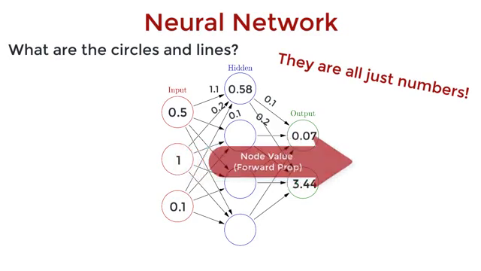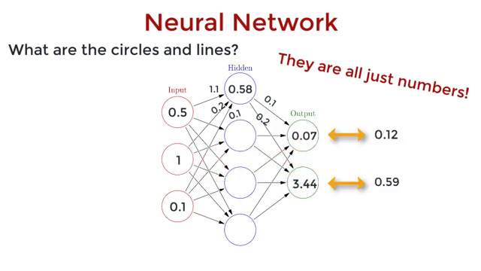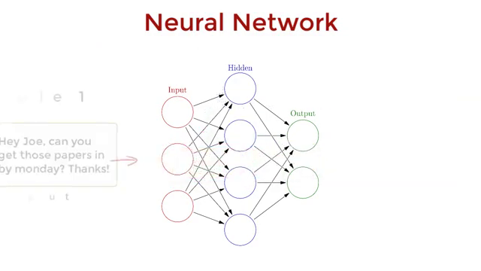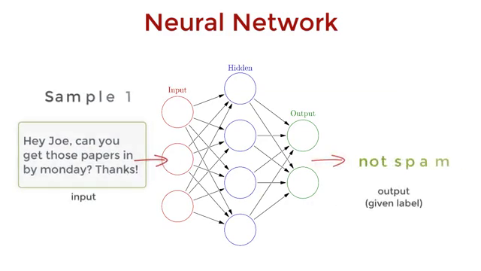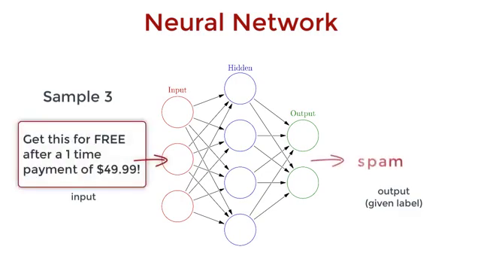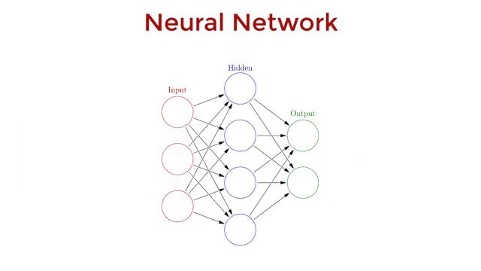The values in the last layer are then compared to the actual answers, and we update the values of the edges from the last layer to the first. That is, in the backward direction. Hence, it is called the backward propagation of values. Using a set of these forward propagation and backward propagation of values after seeing every data input sample, the network eventually learns how to solve the problem.